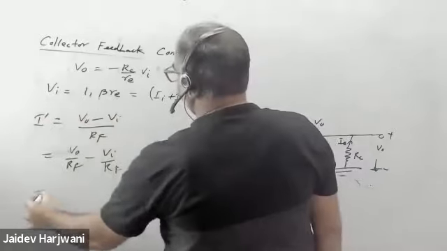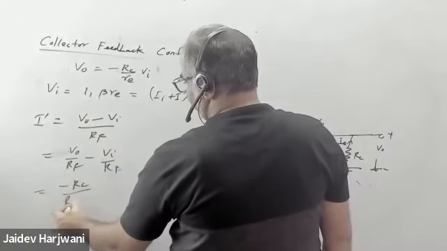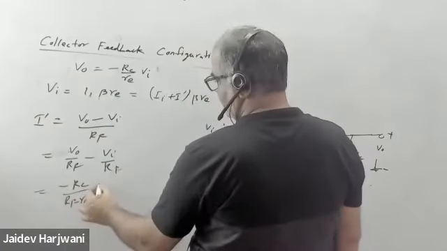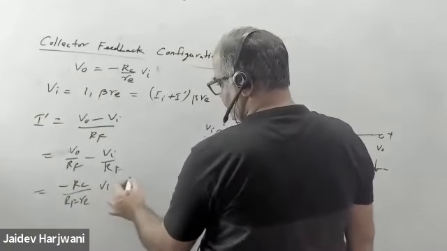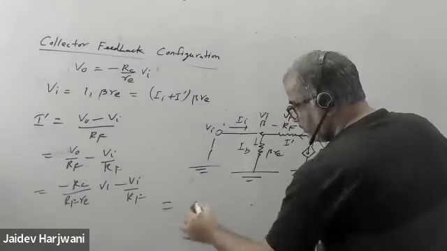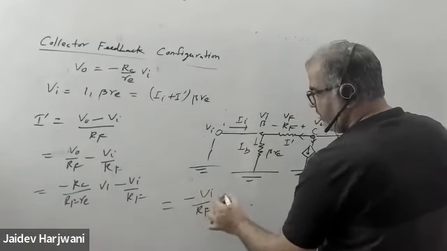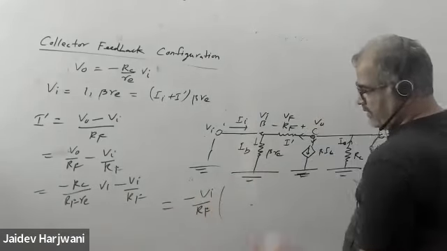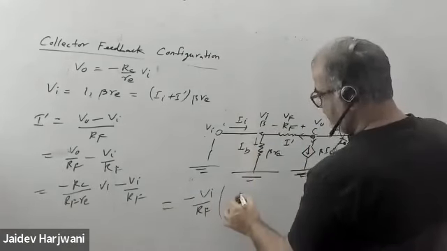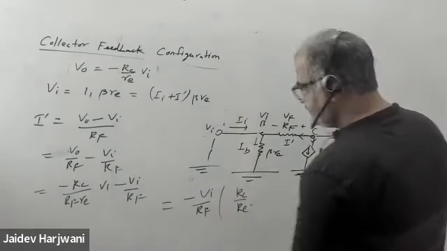Now V naught is minus RC upon RE, V input, minus V input upon RF. Correct. So now minus 1 upon RF common, V input is common. Then you will have RC upon RE plus 1. Okay, yes sir.